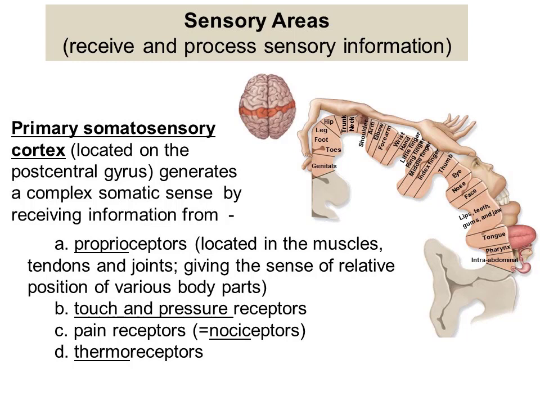Now, like we had a primary motor, we've got a primary somatosensory cortex. And again, this is going to be a little bit more dorsal, if you will, from our primary motor, which is just in front. They're very close to each other. And so we're going to be receiving a lot of information. Again, you see our homunculus.